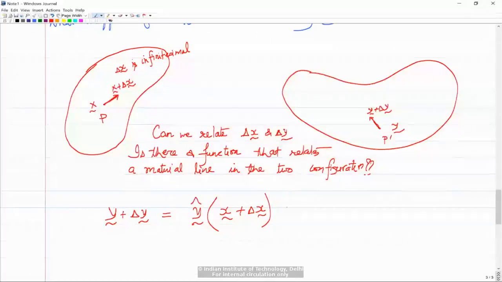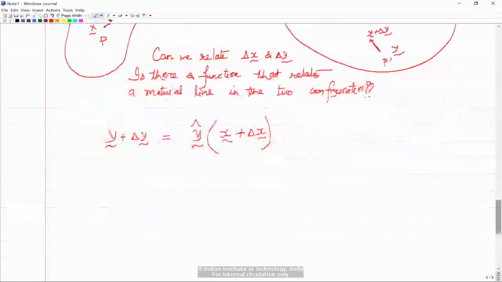And if you, for example, write this in component form, then you have yi plus delta yi, the ith component, okay, along the ith coordinate system.